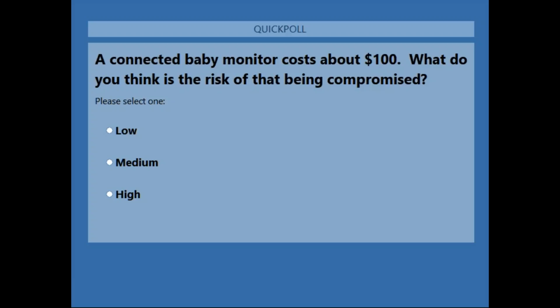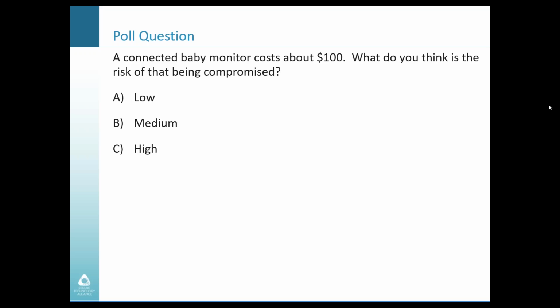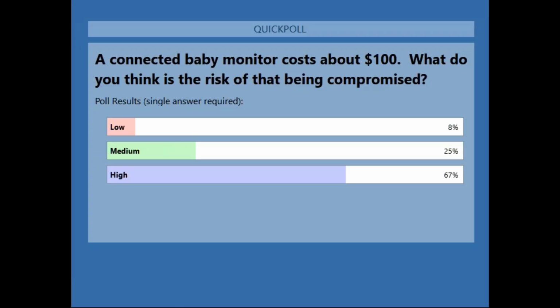So this is to illustrate the conundrum, right? It's not that expensive, but if it gets breached, it is the most terrible thing that can happen. Okay, so in general, two-thirds of you think that the risk of that being compromised is fairly high.